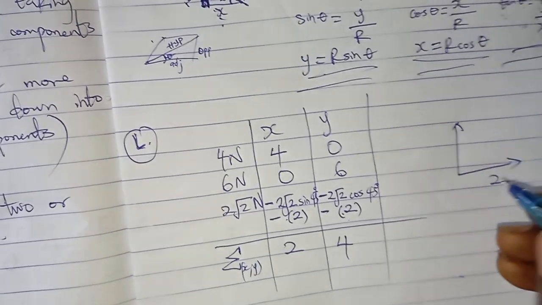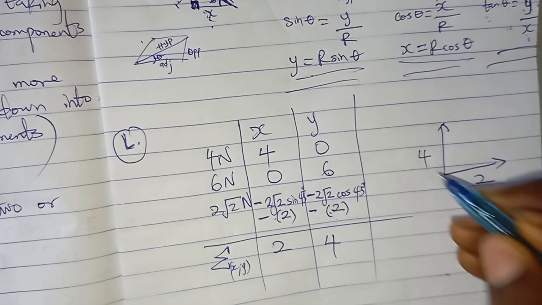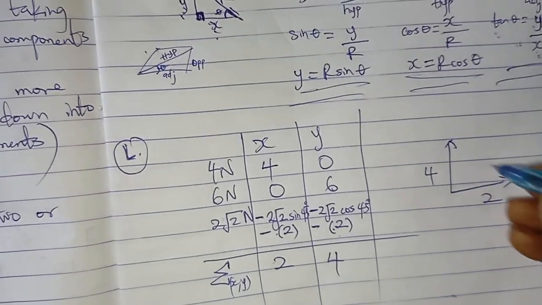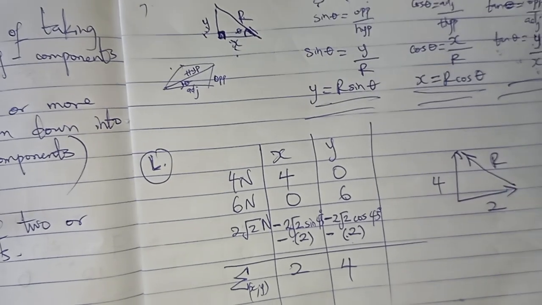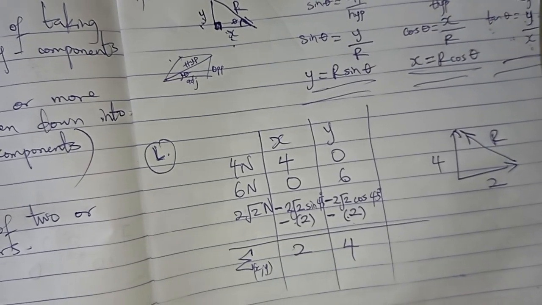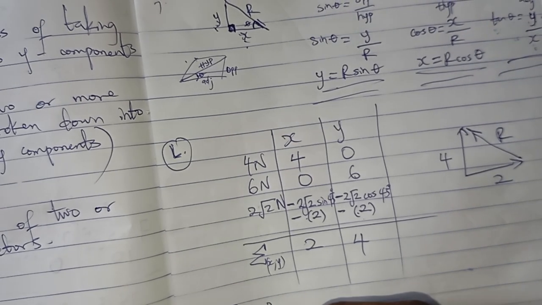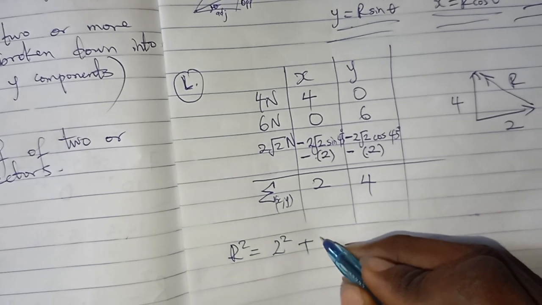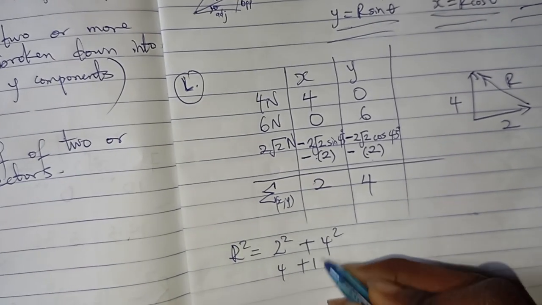2 and 4. So to get the resultant now, using Pythagoras, r square equals 2 square plus 4 square. This is 4 plus 16.